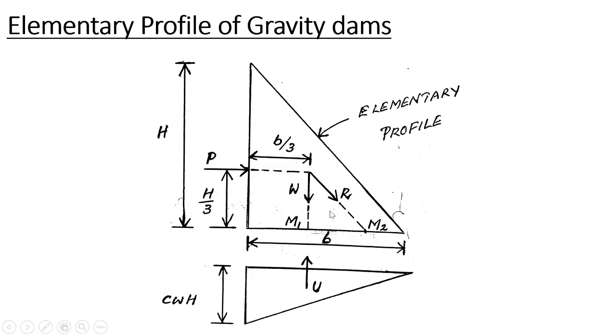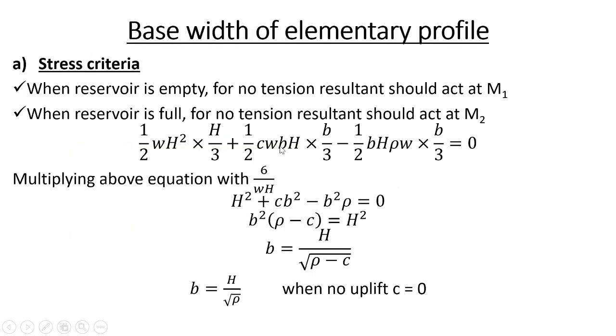There is only force W, and you know that this W will be acting at a distance of B by 3. That is what is written here. When the reservoir is empty, for no tension, the resultant should act at M1. But now see the next condition.